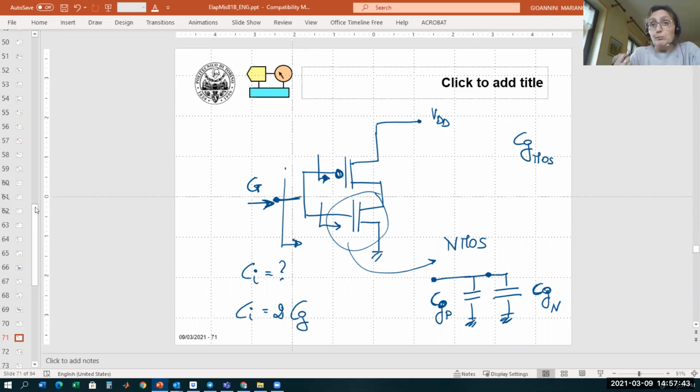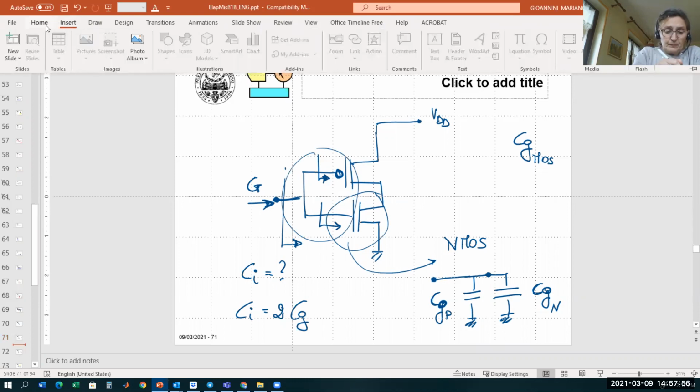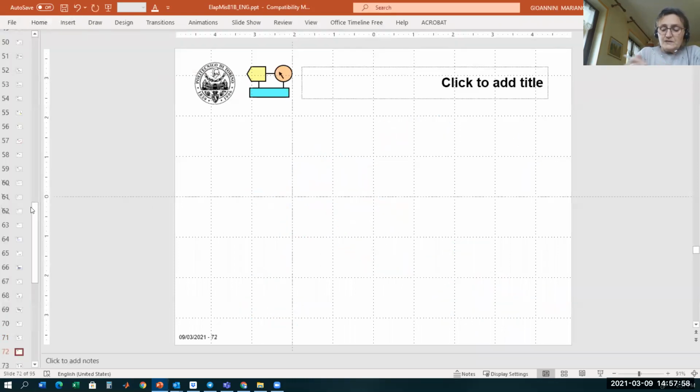Okay? So in conclusion, we learned that if now I stay here and I look in this direction, I can also plot an equivalent circuit for the input of this gate of the inverter. How is this equivalent circuit? This equivalent circuit is given by the input capacitance C input that we just learned that in the case of the inverter, it is the parallel of the two gate capacitances.